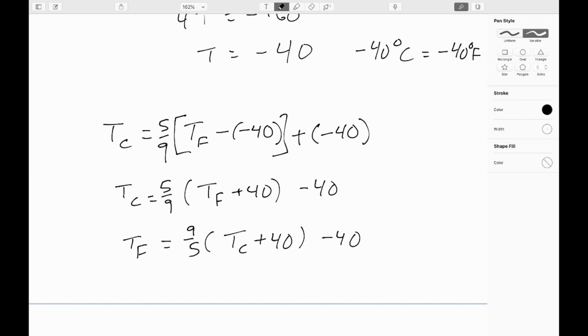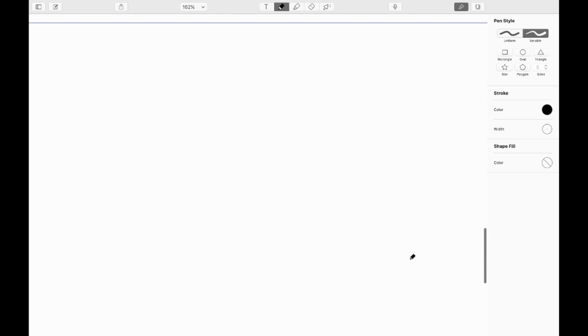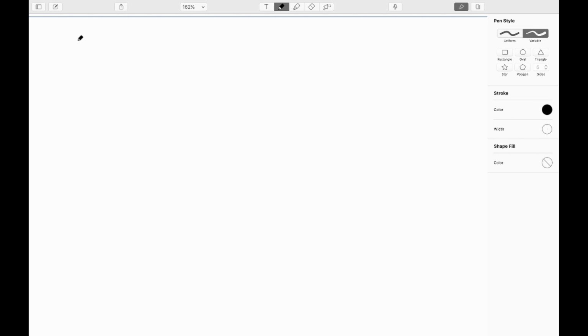All right. So the problem with traditional thermometers is pretty much eventually things freeze. And so what if you want to go to lower temperatures? Well, it turns out that we could use what's called a constant volume gas thermometer.